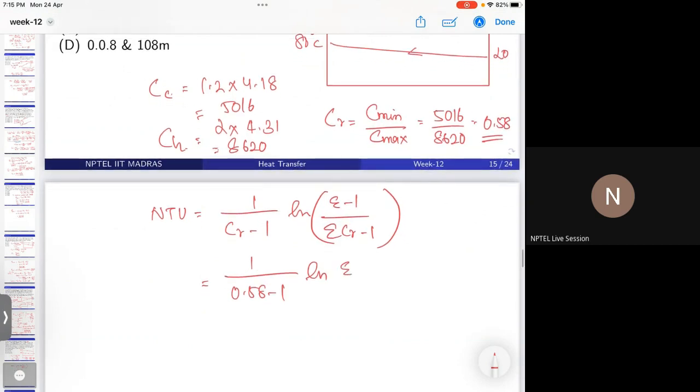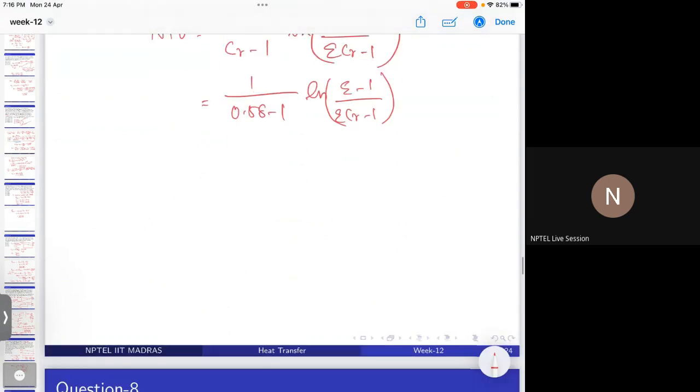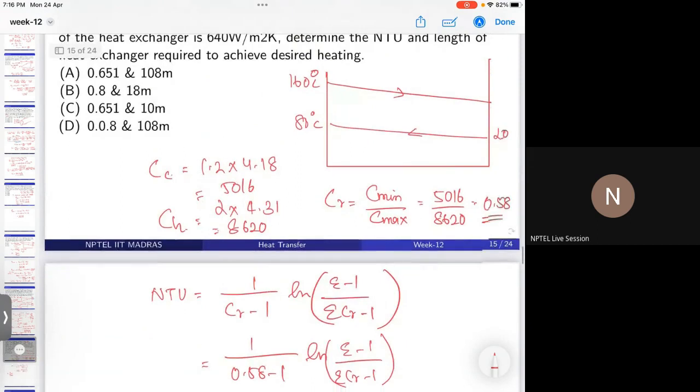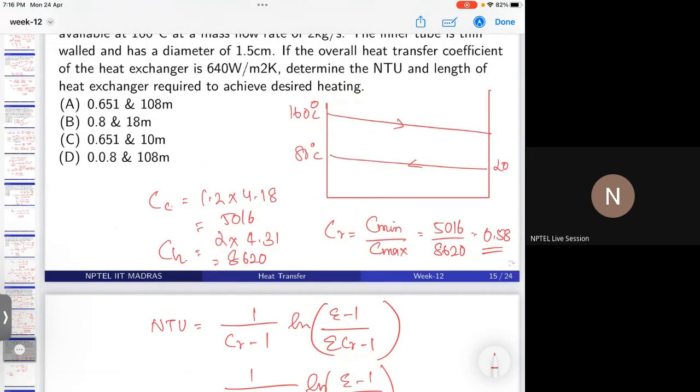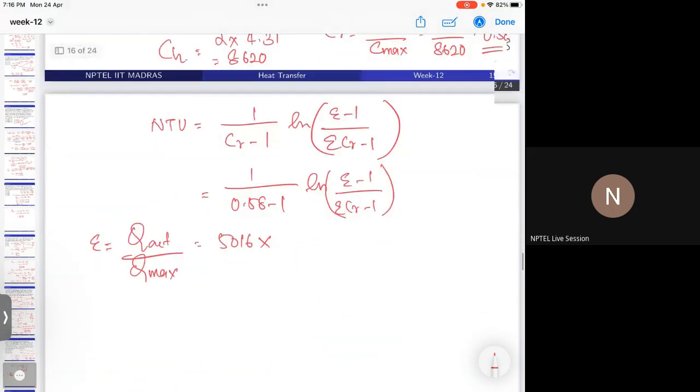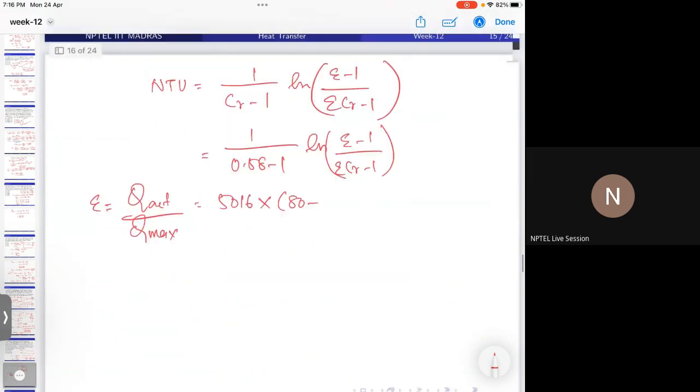What we need here is epsilon. Can we find epsilon? Epsilon is equal to Q actual divided by Q max. Q actual we get from the energy balance of the cold fluid: 5016 into the temperature difference, 80 minus 20.